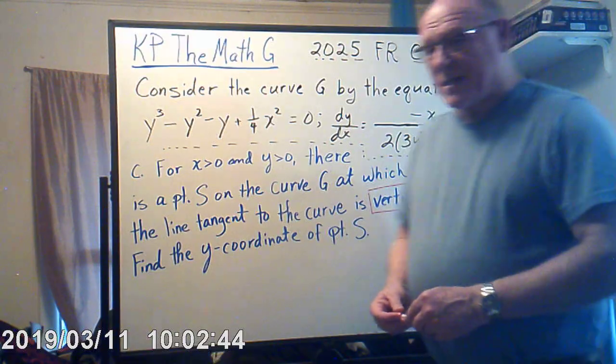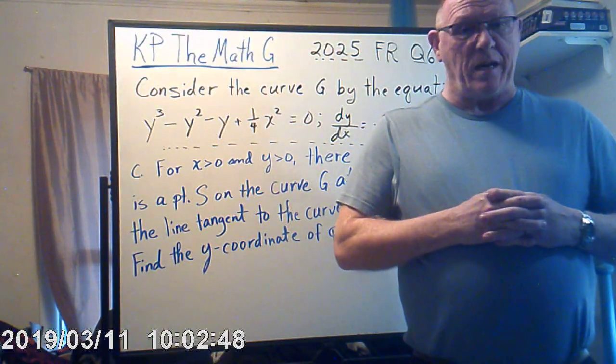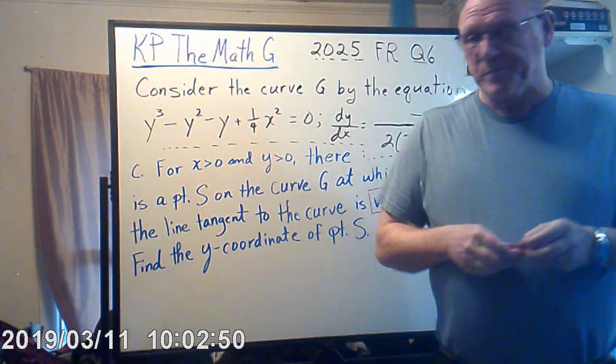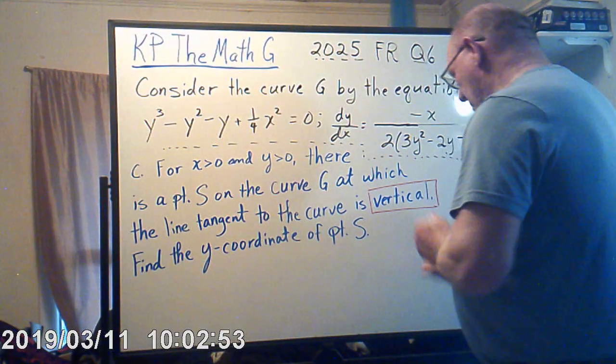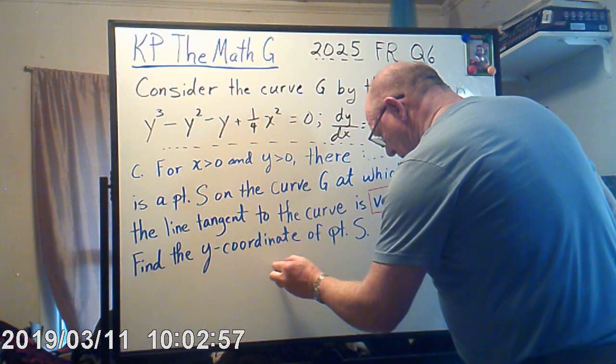I want to tell you something. When I first saw this, I had to think about this just for a minute. So, just giving you a picture, there is a curve.